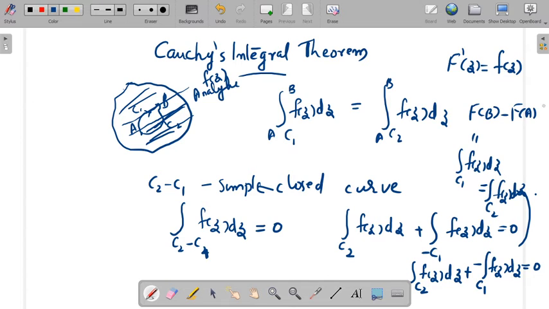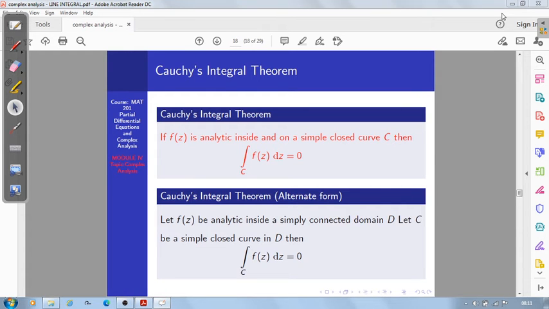So the integral does not depend on the path of integration if the function is analytic. Just evaluate the integral at the end points, and you will be able to find the integral. So this is an immediate result of Cauchy's integral theorem.